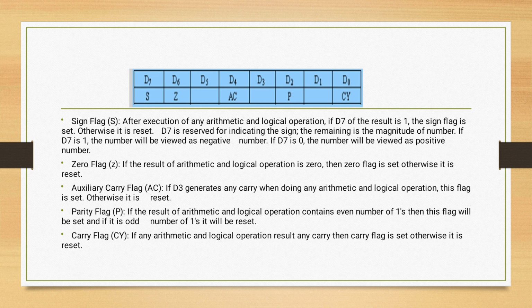Next, carry flag. Whenever we are doing some ALU operations, if a carry is produced, then the status of the carry flag is 1, and whenever there is no carry, then the status of the carry flag will be 0.